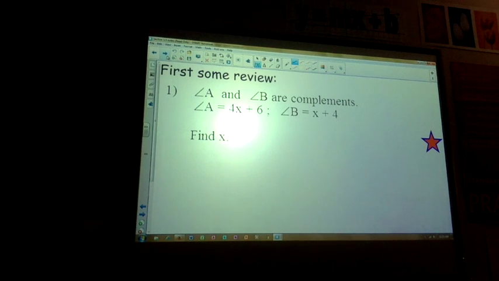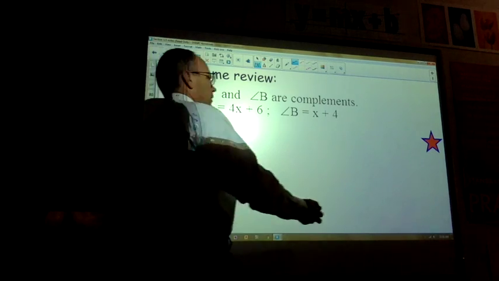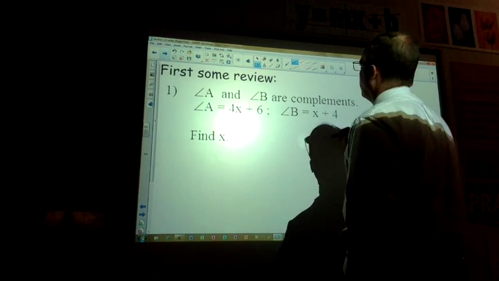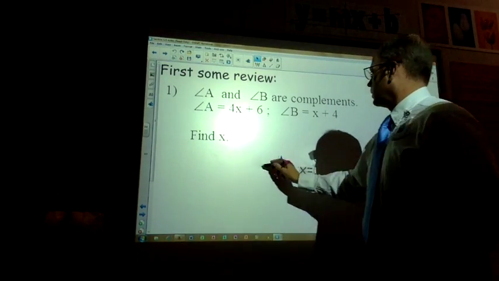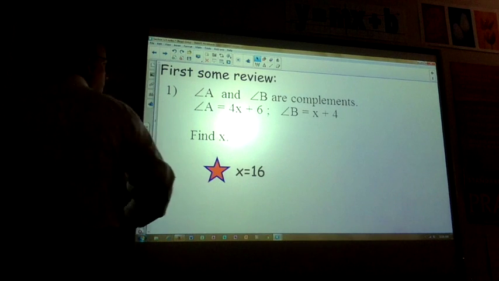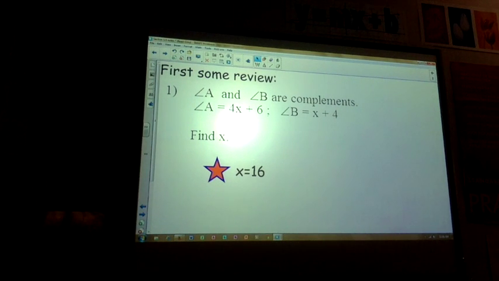Some review. A and B are complements. So what do A and B have to add up to? 90. So let's see if this will work. How do we get to that answer?